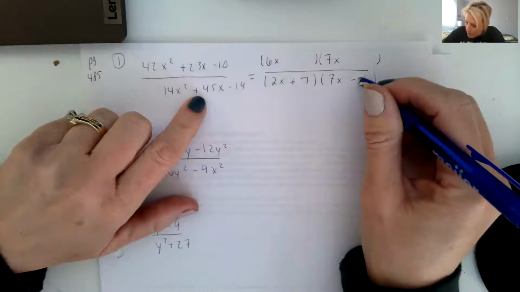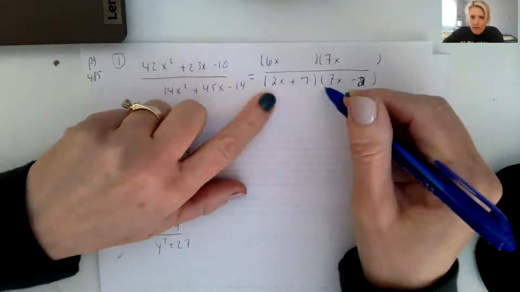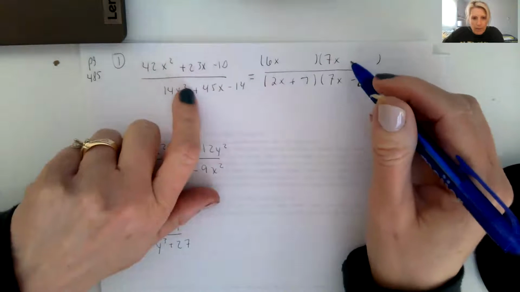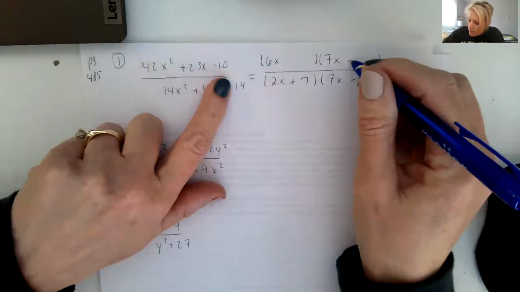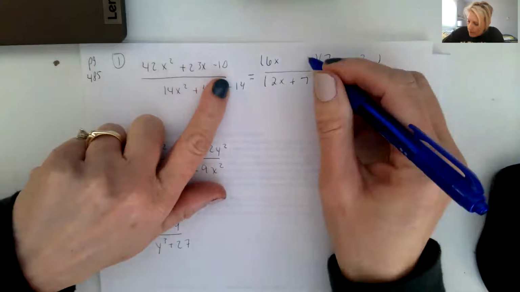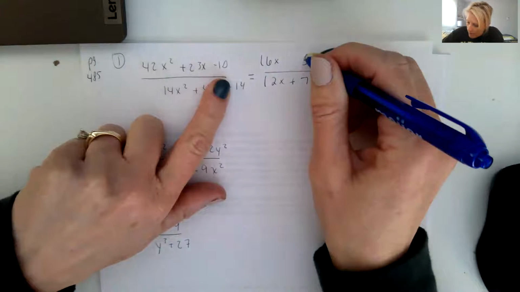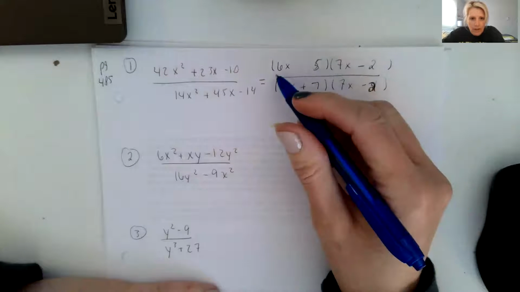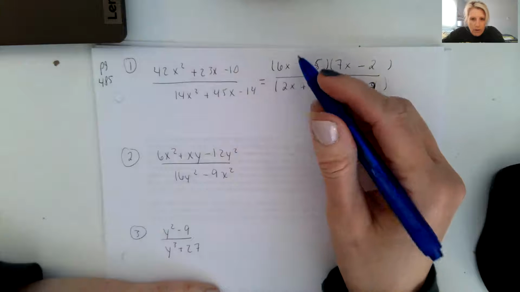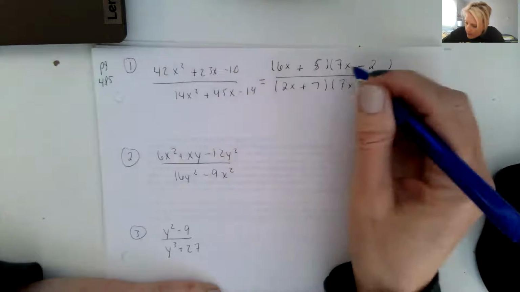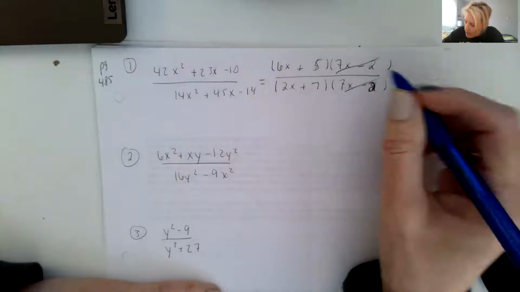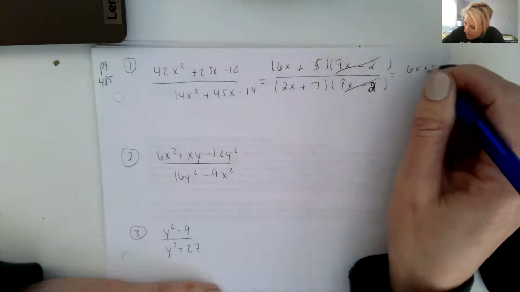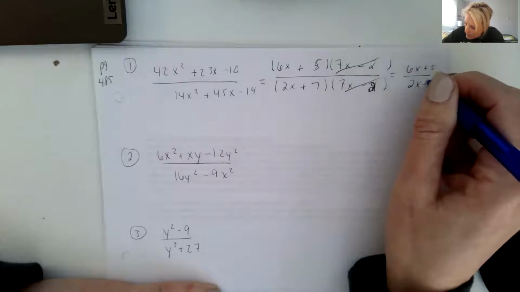Oops. Would be 45. So it's 2x plus 7 and 7x minus 2. So hopefully this is a 7x minus 2 up here. So if that's true, this would be minus 2, and this would have to be 5. So 35 and a negative 12. So positive 35 and a negative 12. So those simplify, and we have 6x plus 5 over 2x plus 7.